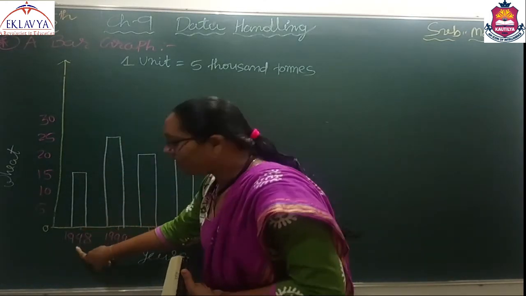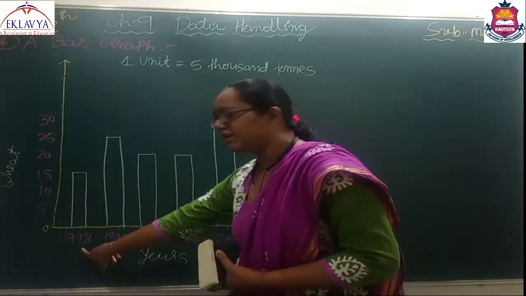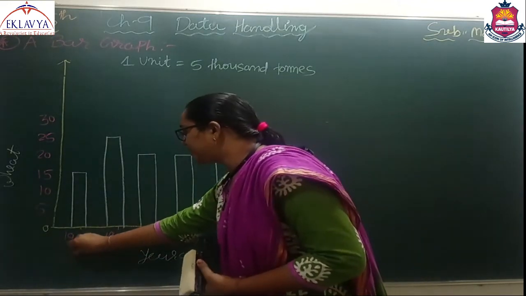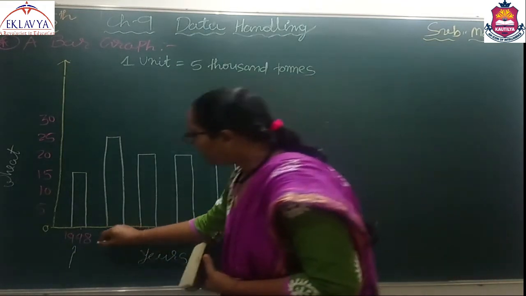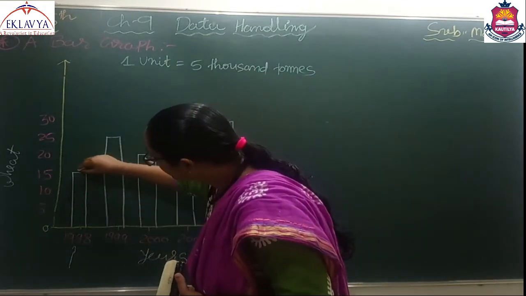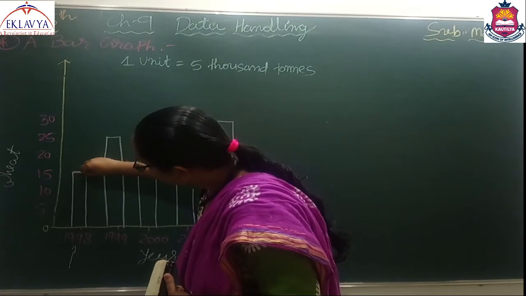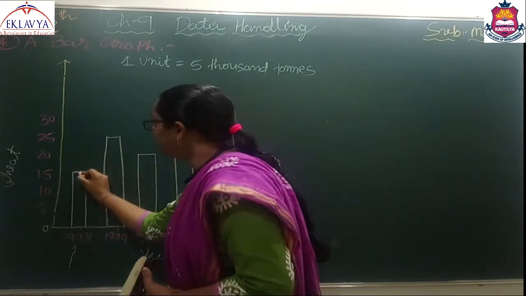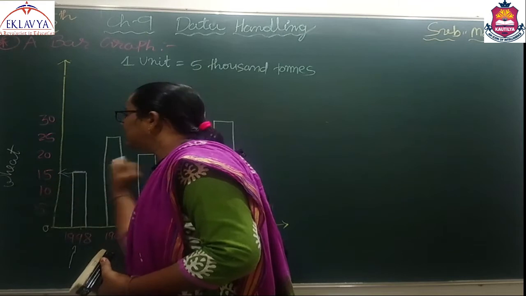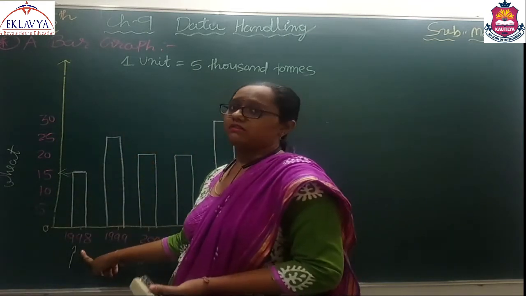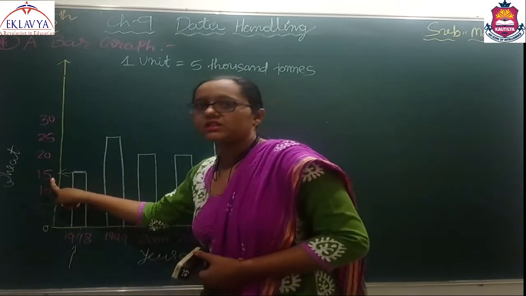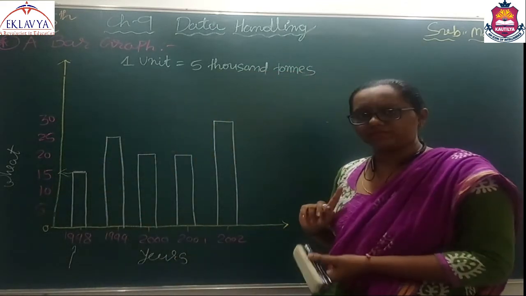First of all you have to find 1998. Suppose it is here. Now what you will do, 1998 ends here, right? So it is in front of the 15. Means in 1998 government purchased 50,000 tons wheat.